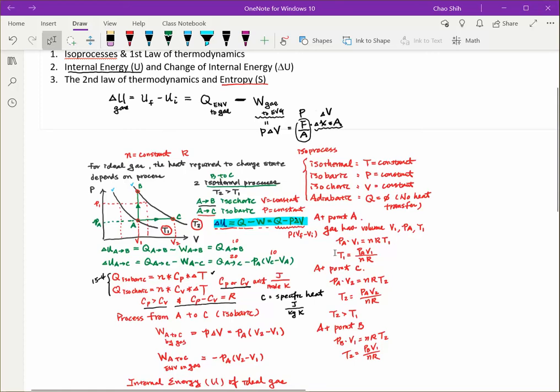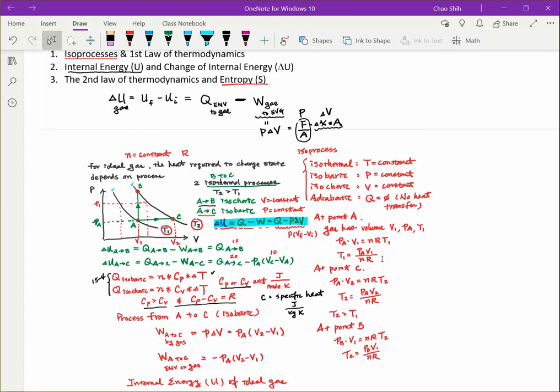We can write down T1 equal to PA V1 divided by nR, where n represents the number of moles and R represents the ideal gas constant. The value of R depends on the unit that you are using, so be careful when you use this constant.